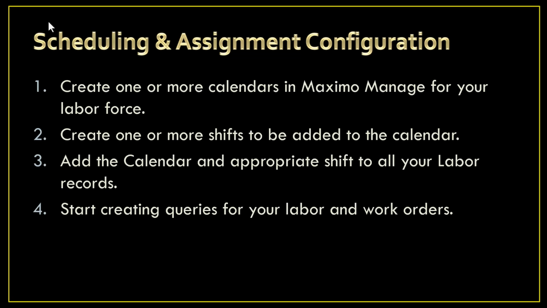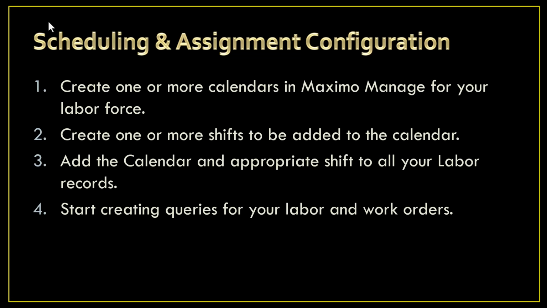You may even have weekend shifts where people work 3 days in a row for 12 hours each day or something like that. You might have nighttime shifts. You might have middle of the evening, the second shift, the swing shift. All of those are added to your calendar so that you're able to assign the correct shift to each laborer within your organization.